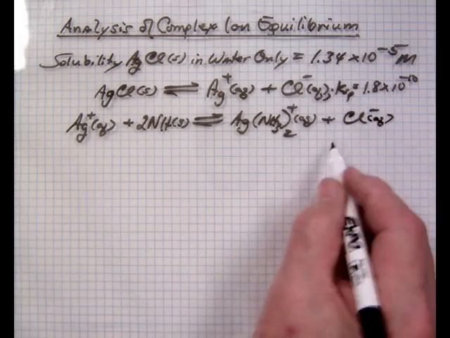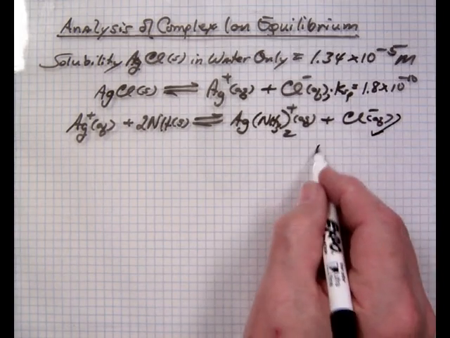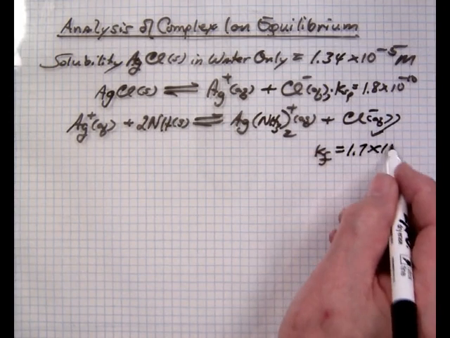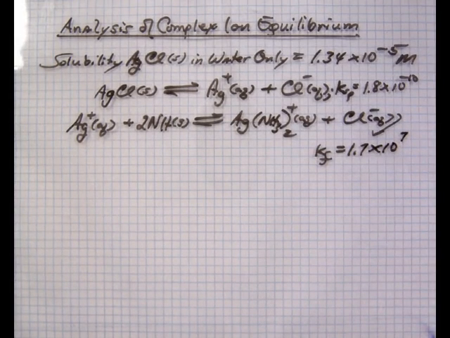Now this reaction has a K formation constant of 1.7 times 10 to the positive 7.